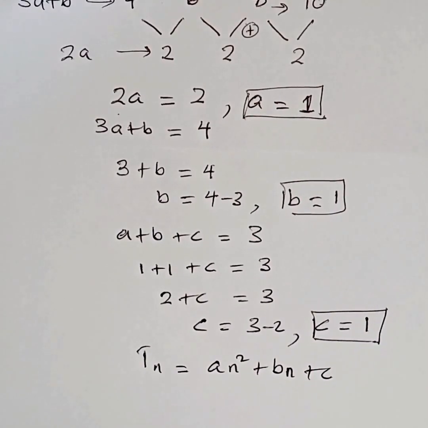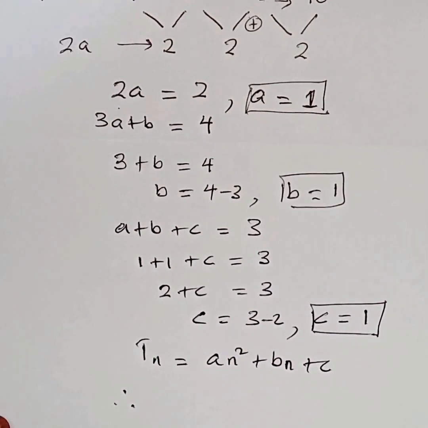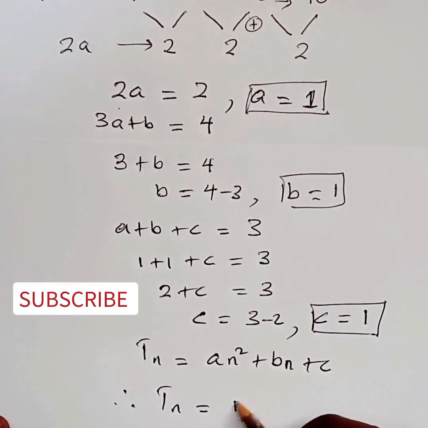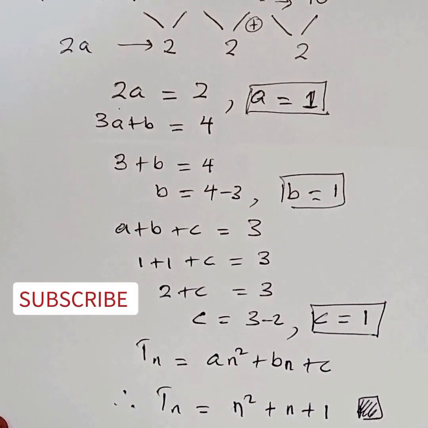Therefore, the general term of that quadratic sequence is given by Tn is equal to n squared plus n plus 1, since a is 1, b is 1, and c is 1. Then we have found the general term for that quadratic sequence.